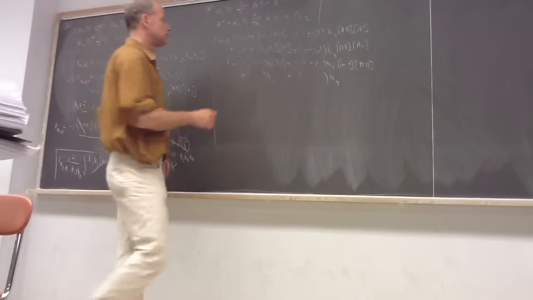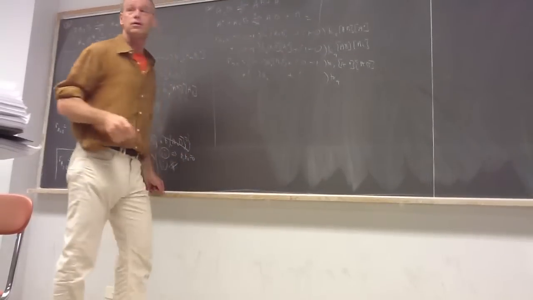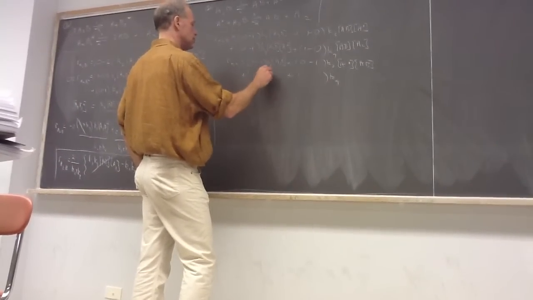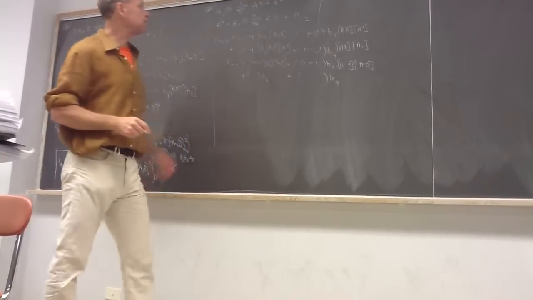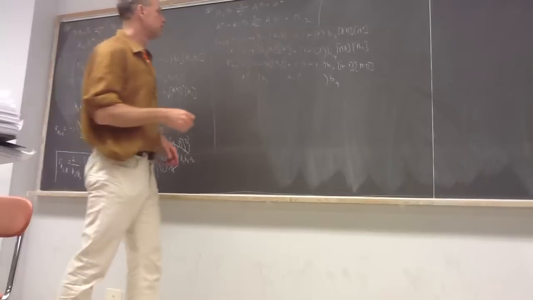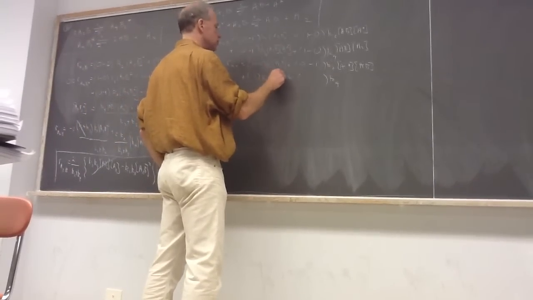So now you're looking for A star again. Reaction 3. You got AB times A2. AB times A2, reaction 3. Concentration of A star to the 1 power times concentration of A2B.